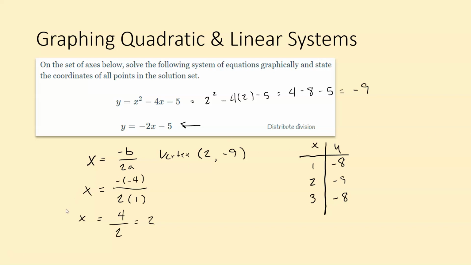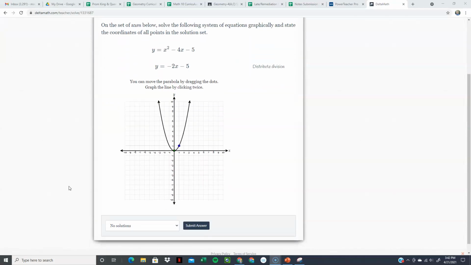So I'm going to go ahead and switch over to Delta Math and plot these two graphs. So here is the same problem that we're looking at, and our coordinates were 2, negative 9, so that's where I'm going to put my vertex, and then 1, negative 8 was our other point, and 3, negative 8 was our other point.